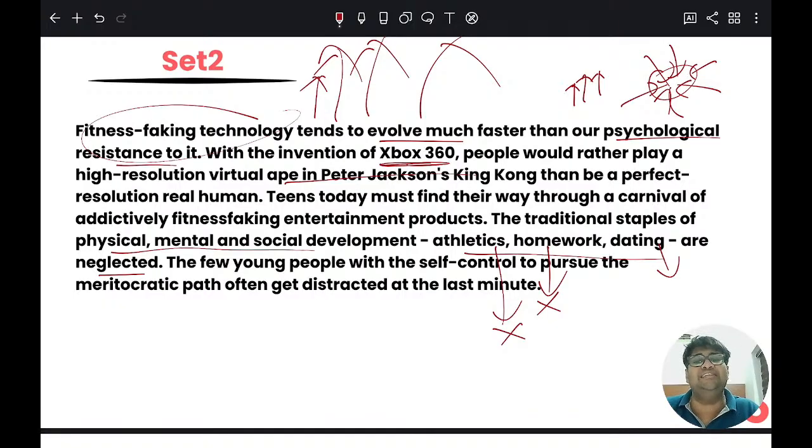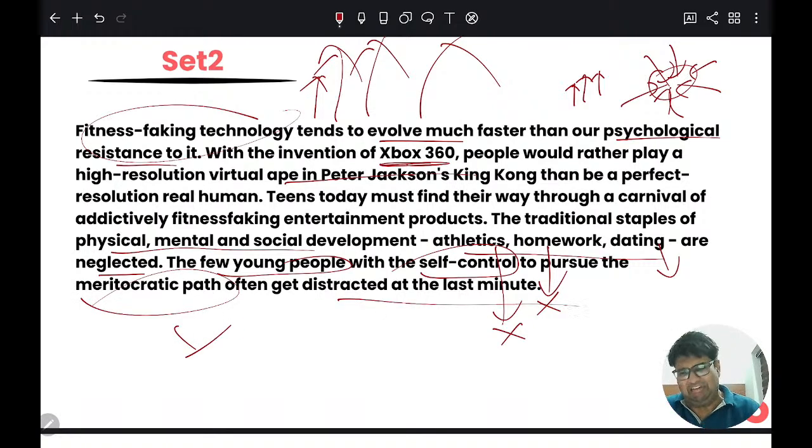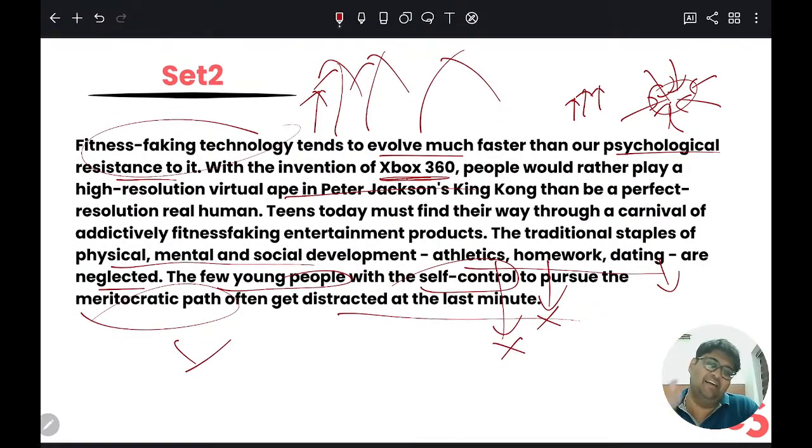A few young people with the self-control to pursue the meritocratic path often get distracted. There are still a few young people who have self-control and pursue the path based on merit, what is really important, but they often get distracted at the last minute due to peer pressure. When I was in college, PUBG was a real trend. My friends would say, I got Ace level 2, I got Conqueror level 3.